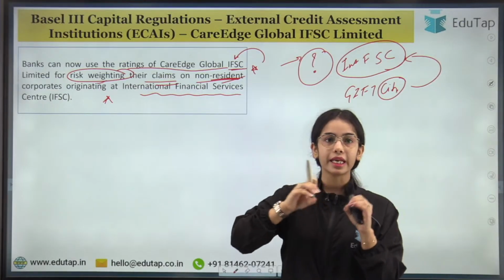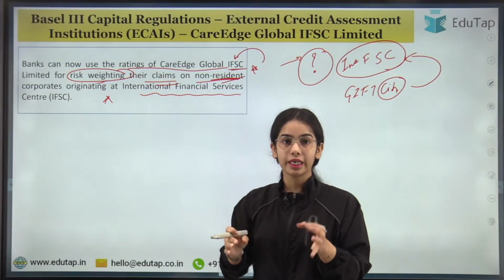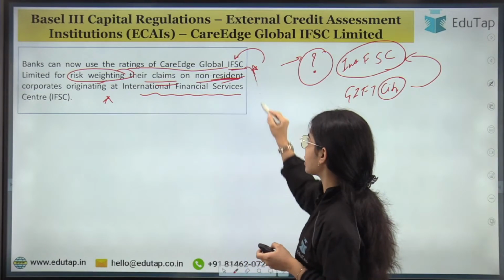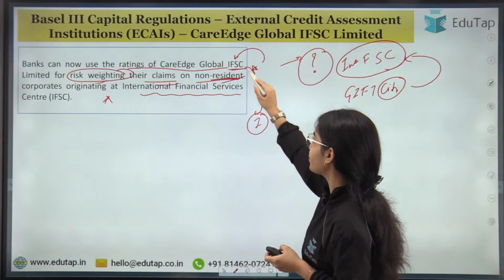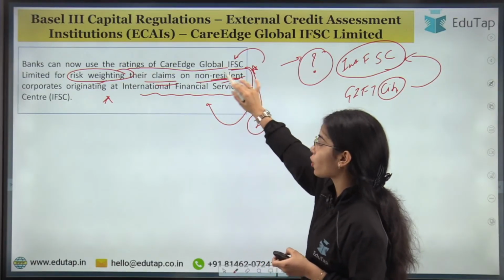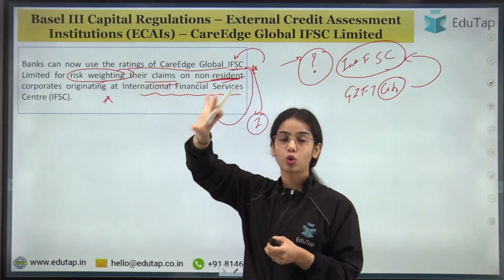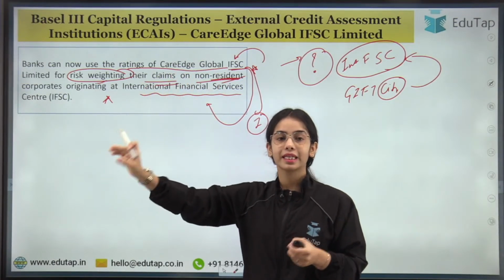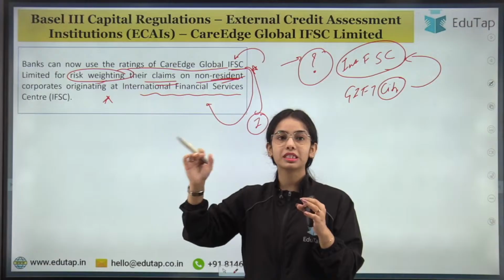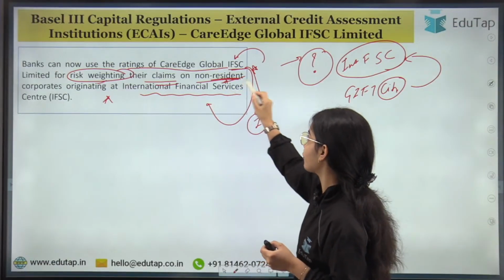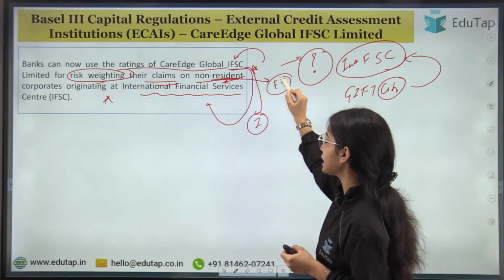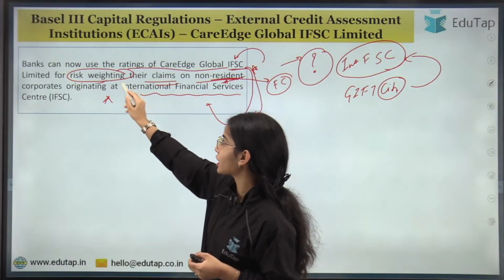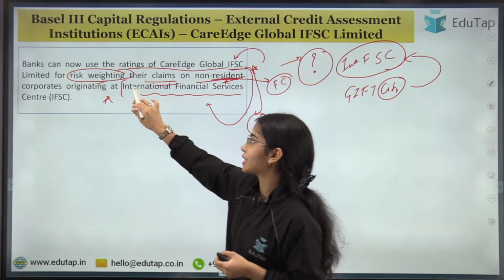So CareEdge Global IFSC Limited provides the credit ratings to the non-resident corporates, that are the companies that are not resident. That means they are foreign companies that are operating, or originating, or working at the IFSC.